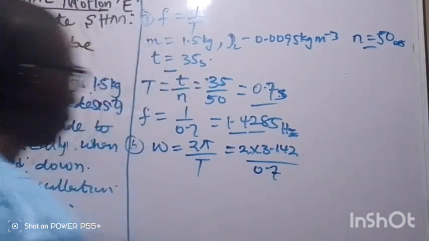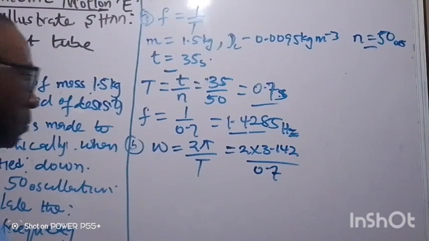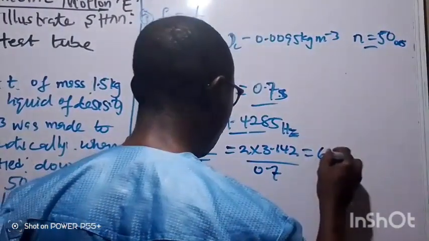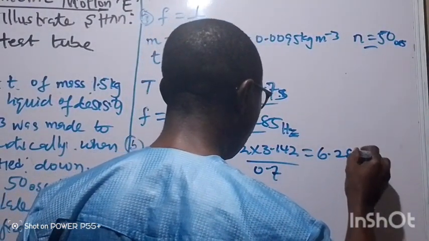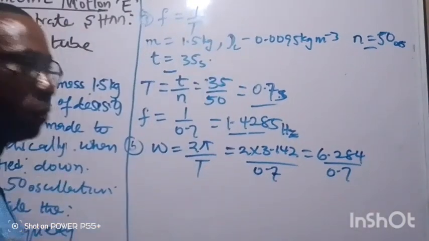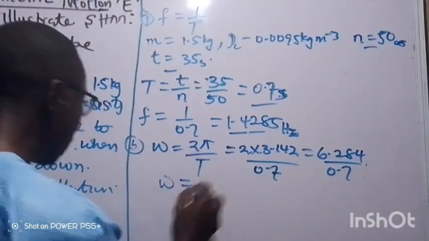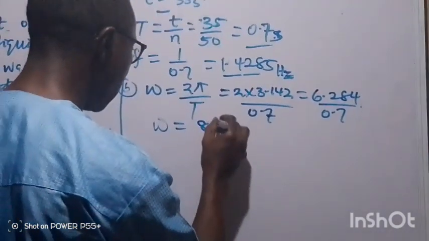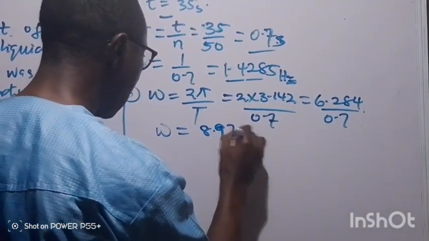This one will be 6.284 divided by 0.7. The omega, which is angular velocity, is equal to 8.977 rad per second.